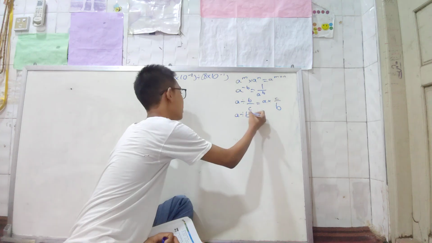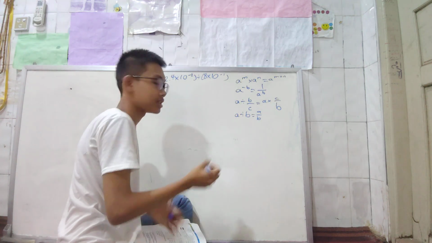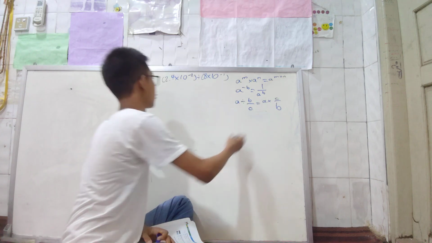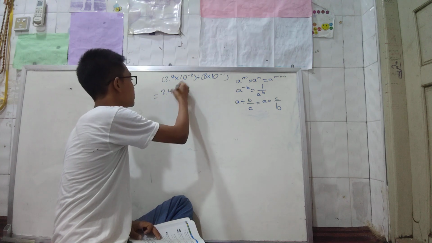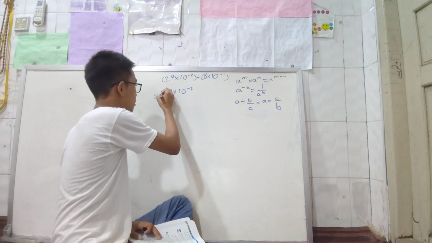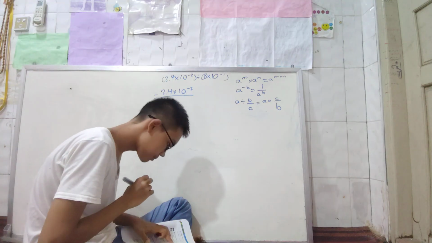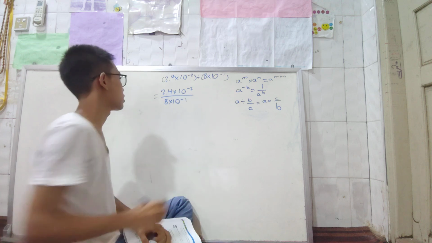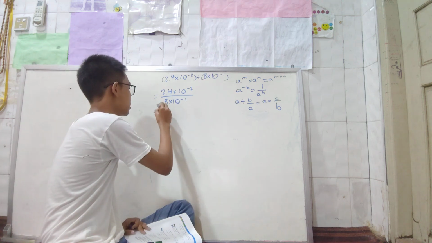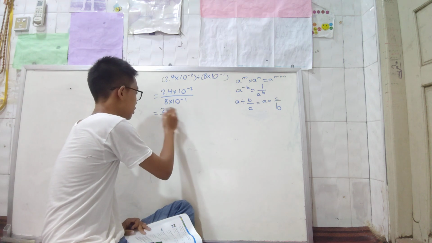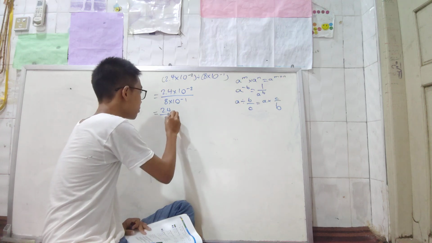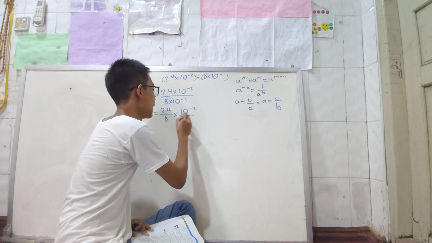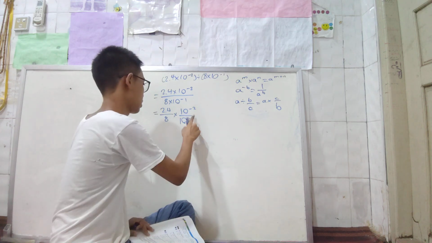So 2.4 times 10 to the power of minus 2 over 8 times 10 to the power of minus 1. I'm going to split this: 2.4 over 8 multiplied by 10 to the power of minus 2 over 10 to the power of minus 1.